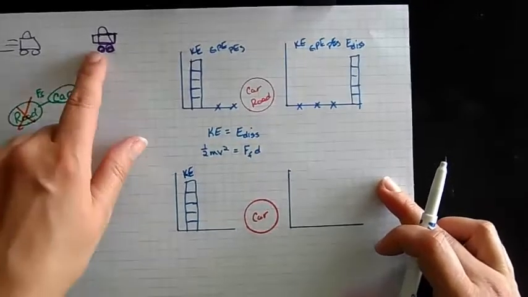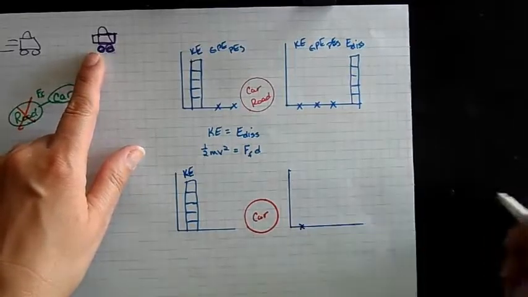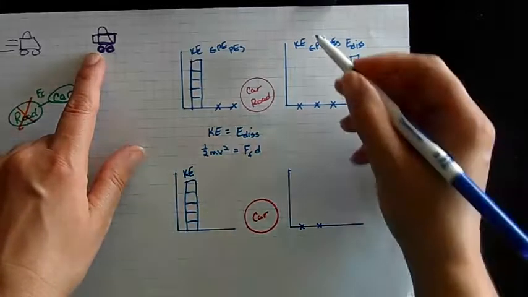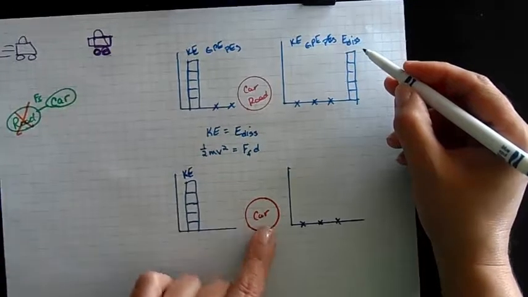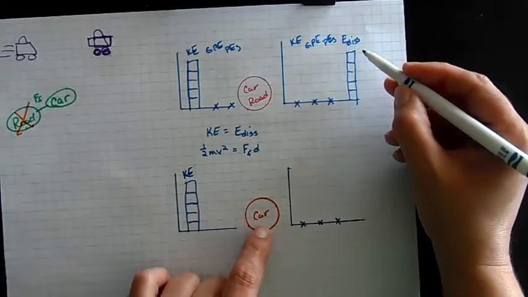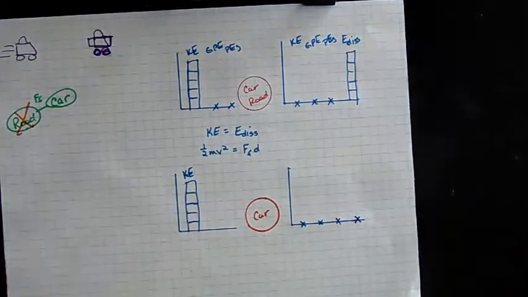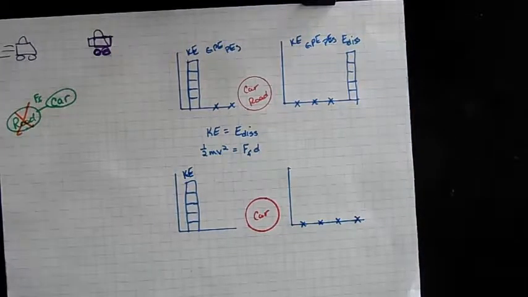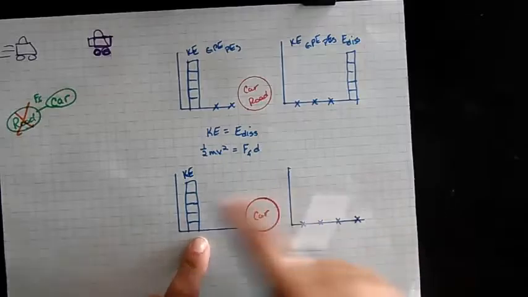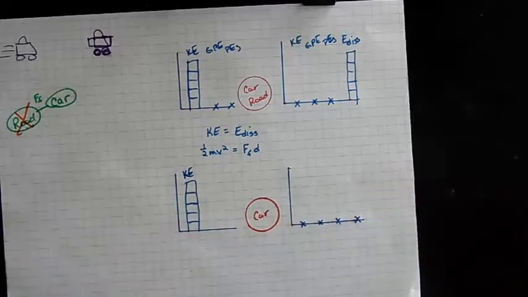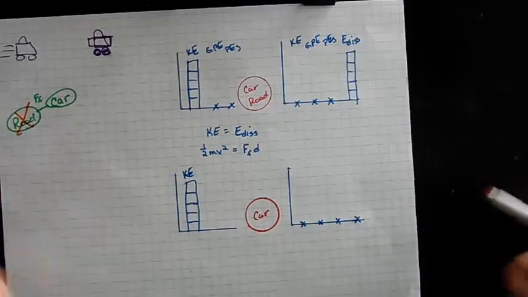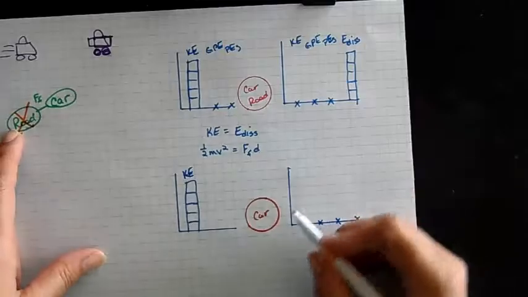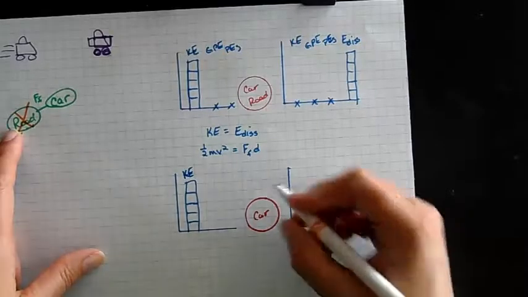So let's sketch this for a second and see what this looks like. Okay, we've stopped. We don't have any kinetic energy. We didn't change height. There's no spring. Okay, now this can't be a part of our graph because it's not a part of our system. So is energy conserved here? What happened here? Well, we did work, right? So since the road is outside of our system, what we have is the road doing work on our car.